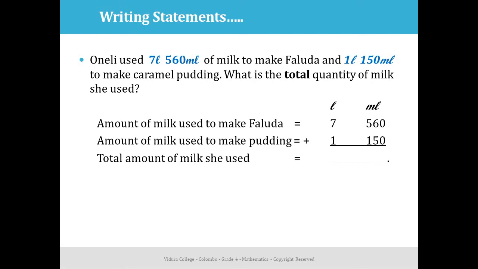Then amount of milk she used to make pudding equals, show the addition mark, and then under that, amount of milk used to make pudding, 1 liter under the liter and 150 milliliters under the symbol of milliliters. Then the last statement, total amount of milk she used.